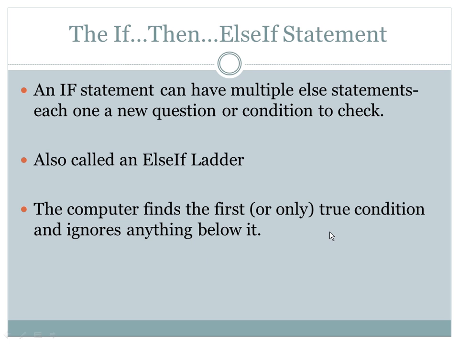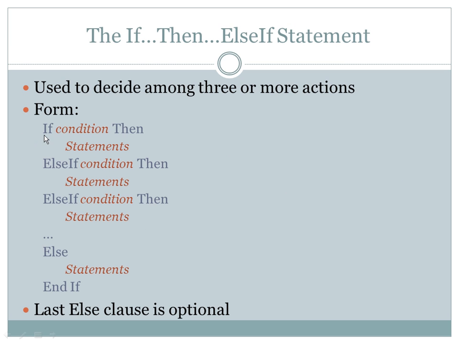Now, an if can have multiple else statements. Each one a new question or condition to check. This is called using an else if, and it's otherwise known as an else if ladder. You're going to have the keyword if again, and then your conditions, then whatever statements you need to execute.